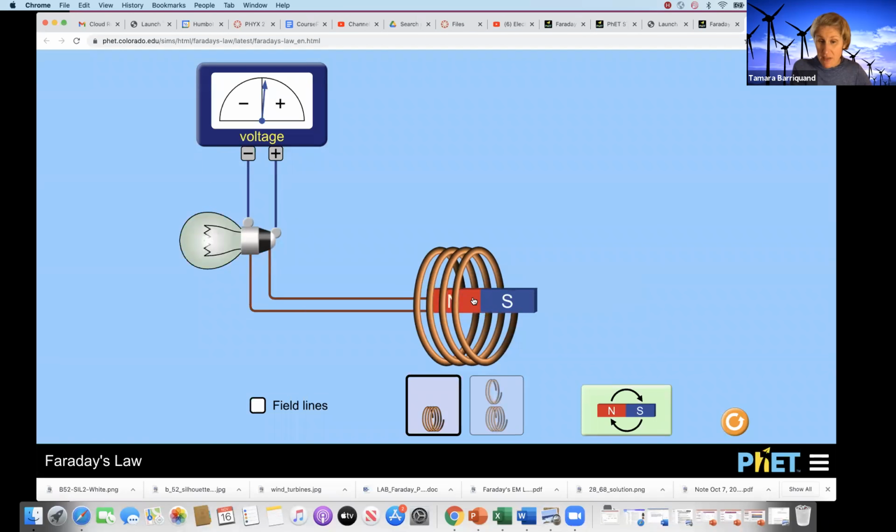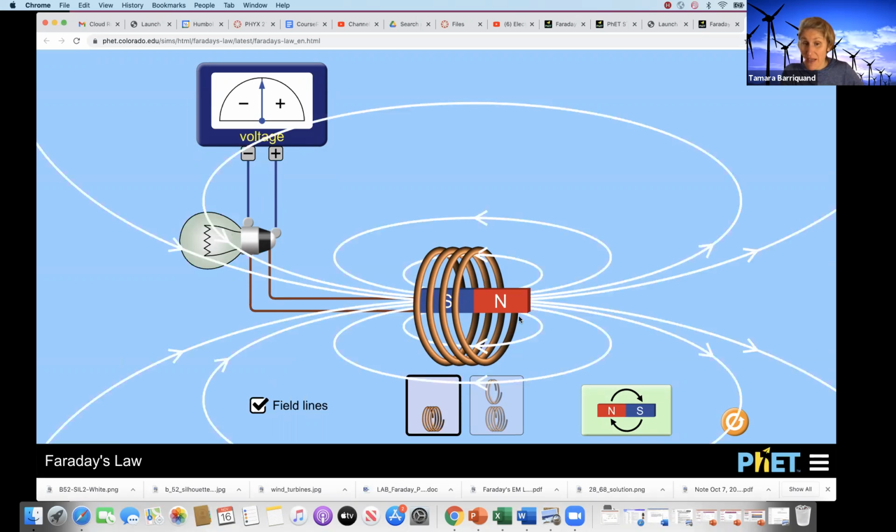Now we can also take our magnet, if we leave it right there in the center, and change its polarity all of a sudden while it's sitting there in the center of our coil of wires. We see that we do get a big change in the voltage, and the light bulb lit up. We can turn on the field lines here in the simulation as well, which give us an idea of what's going on with the magnetic field, and we can think about how that might affect things.